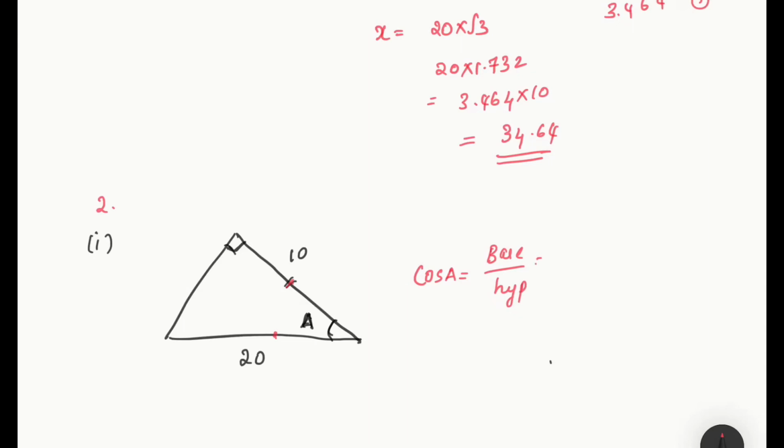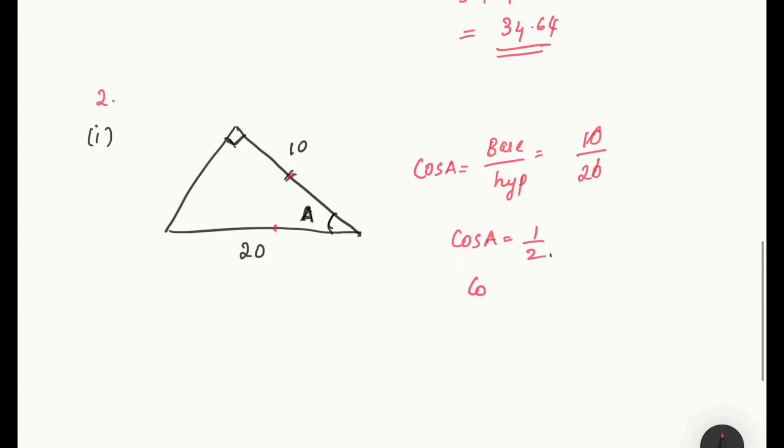Base here is 10, hypotenuse is 20. So cos A is equal to, cancel, you will get 1 by 2. So which value of cos is 1 by 2? Cos A is equal to cos 60. So A is equal to 60 degrees. So this is how you will find out the angle if two sides are given.